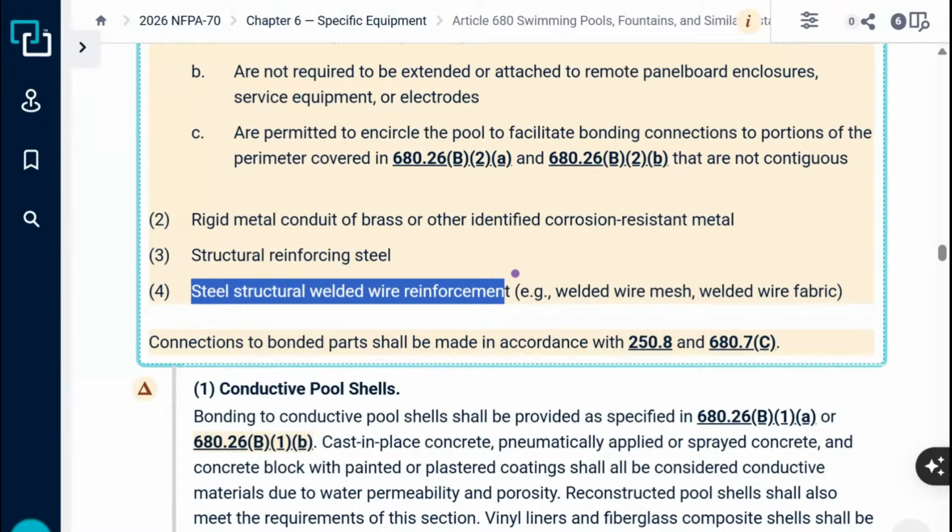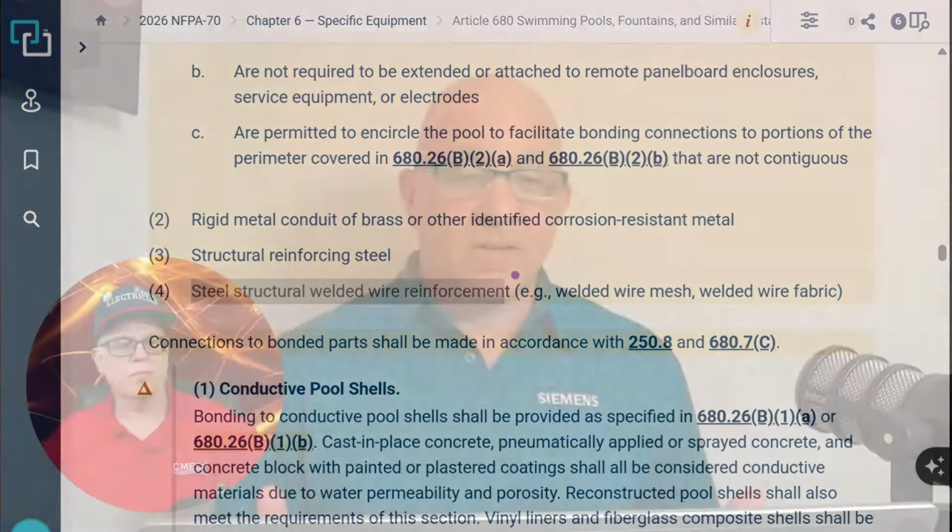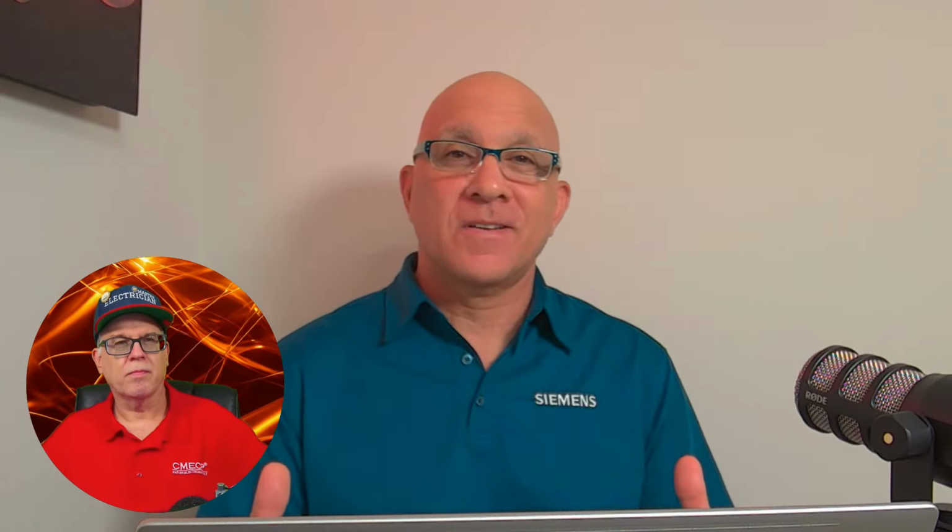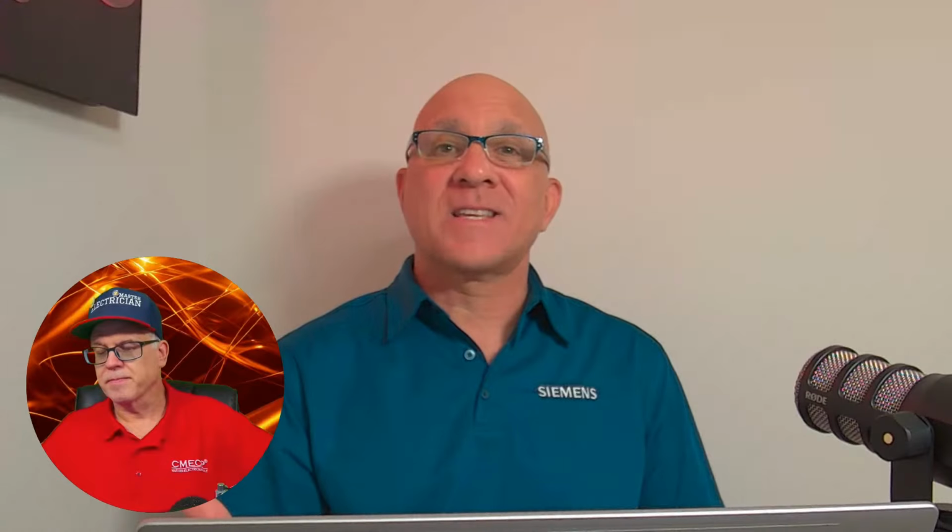Right. I've heard it called a few different things depending on where you are in the country. This is typically the welded wire that the concrete guys put in the slab for additional structural reinforcement if it's called for. Typically, it's not something that electricians install, but the code now gives that as an option.